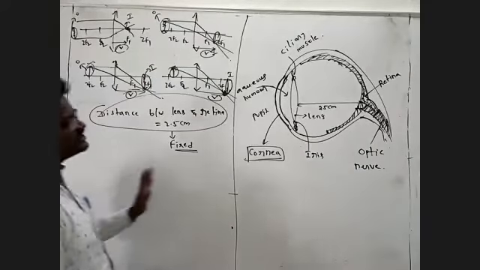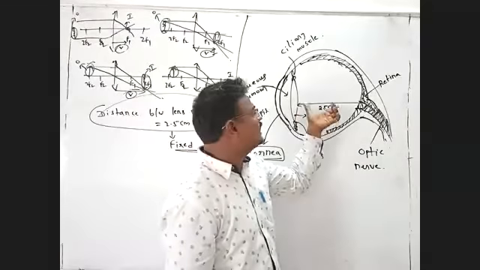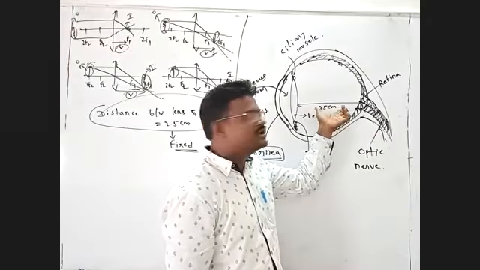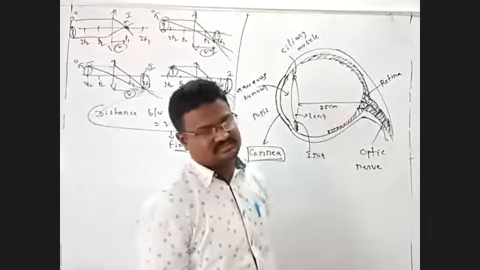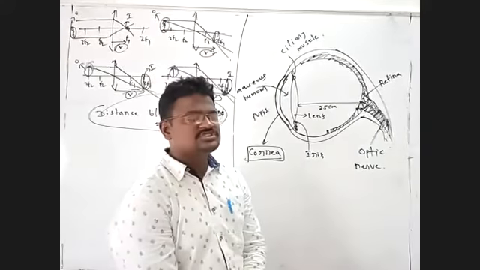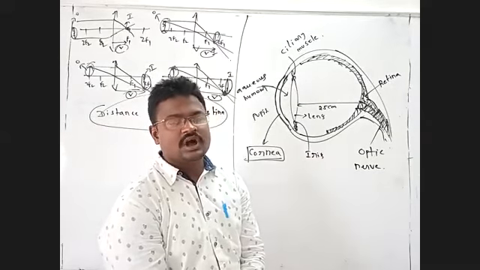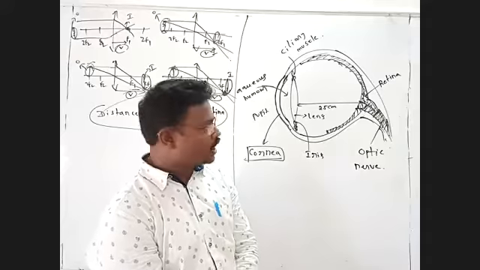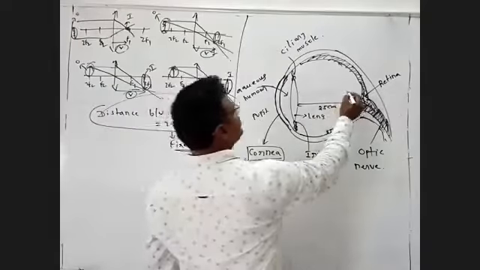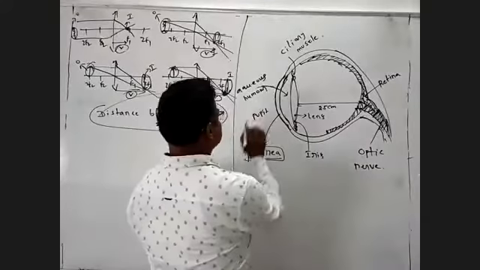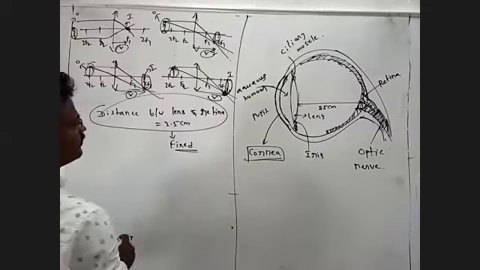But naturally, the distance between the convex lens and the retina is 2.5 centimeters. This is fixed. For example, I'm seeing a long object.